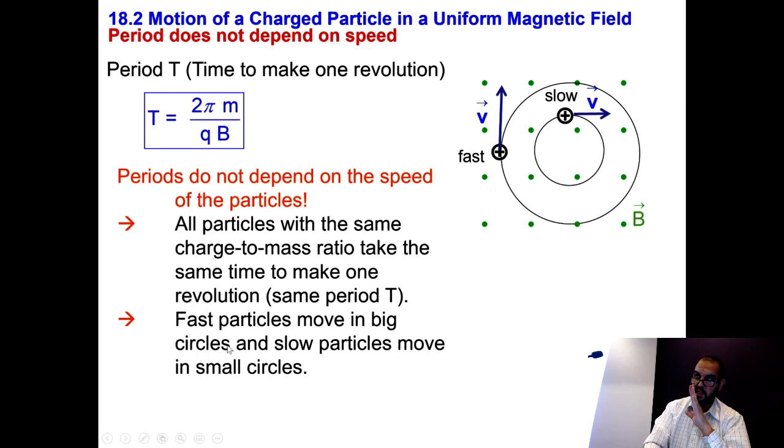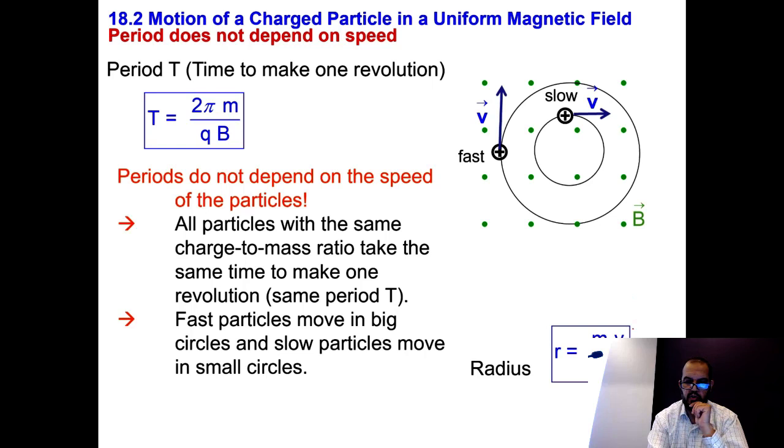Because we know the radius is mv over qB, if v is large, the radius has to be large. So this v here is larger than this v. Stay with me, please.